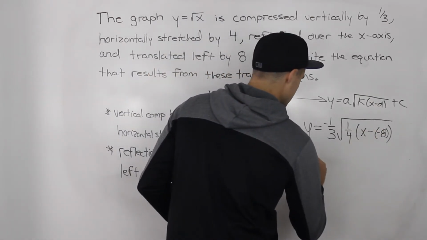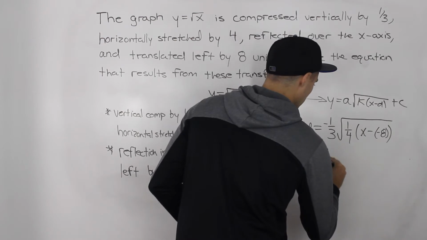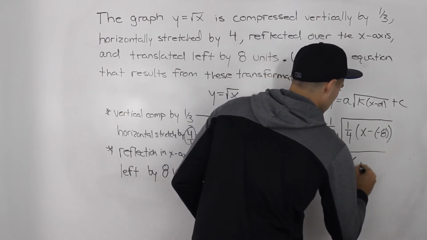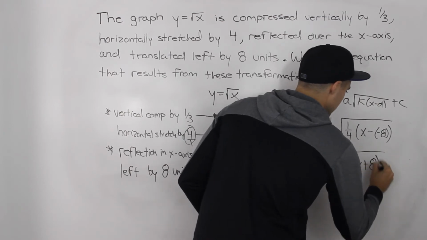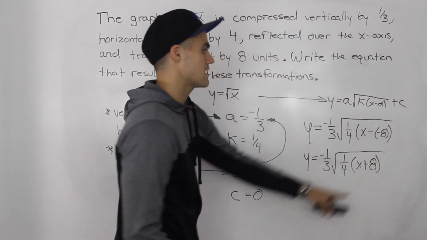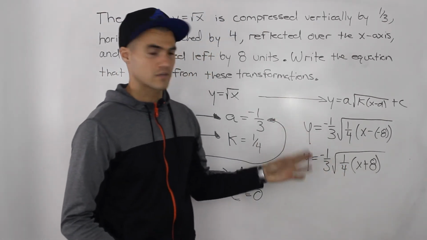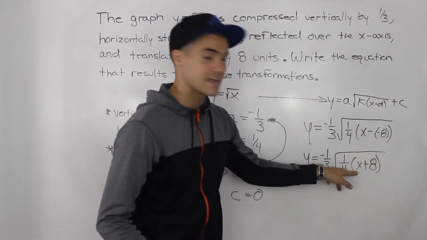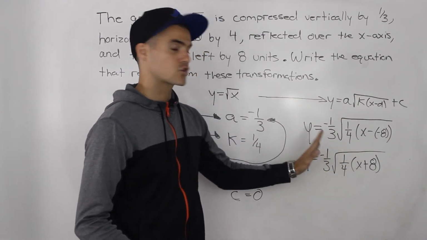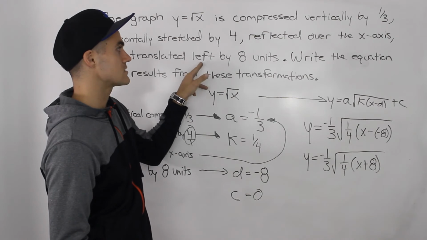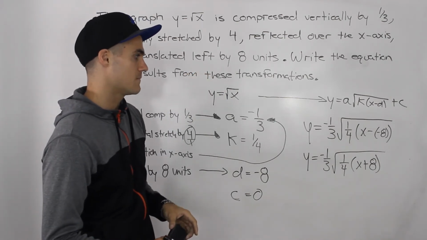So let's simplify this a little more. y equals -1/3 square root of 1/4 bracket x plus 8. These two negatives make a positive. And that makes sense because intuitively, whenever we see x plus 8, then we know we're translating 8 units to the left, and that was the transformation that we were given.